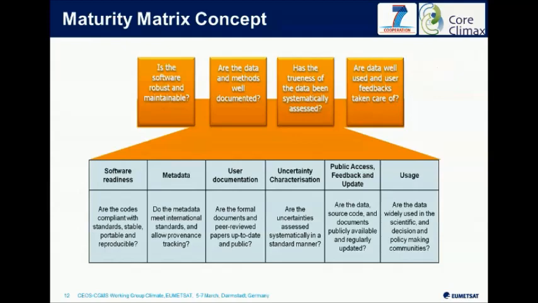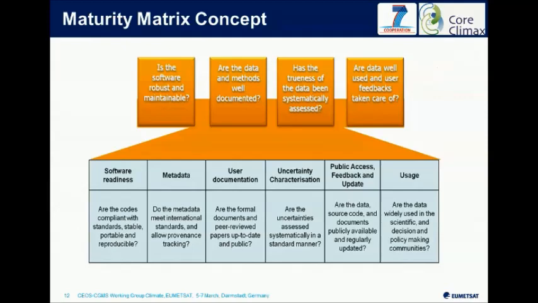They want to make sure that the software which produces the data set is robust and also maintainable, so there won't be any additional cost involved later on in the service.